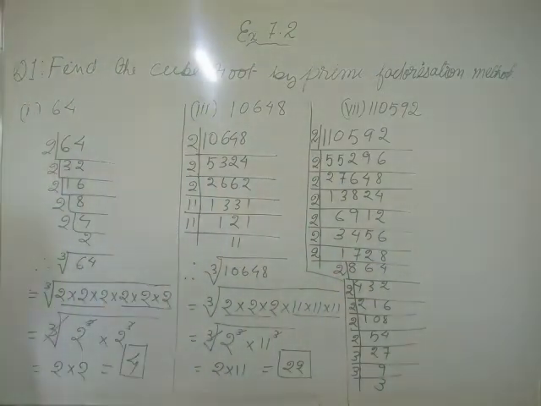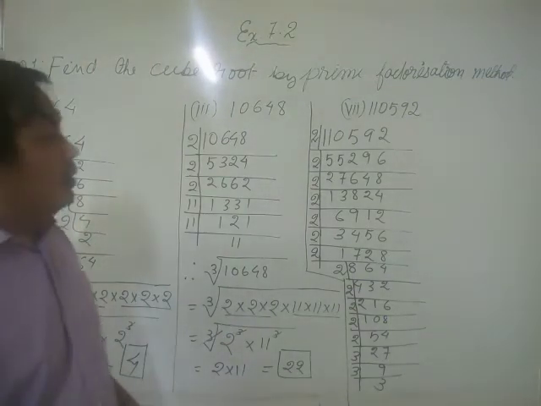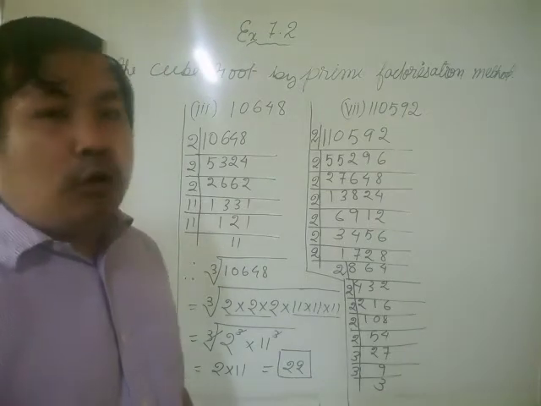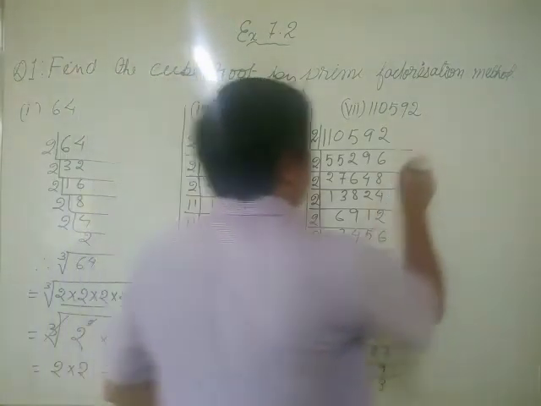So these are all the prime factors of the given number here, and from these prime factors we can find out the cube root of the number. So here, my dear students, you see here.